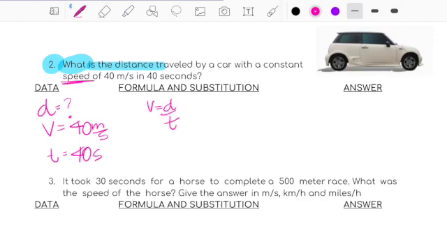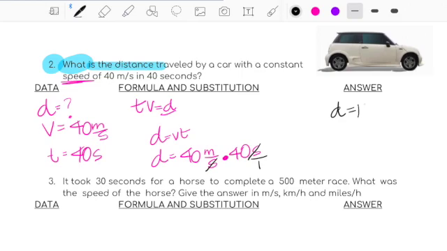So if I want to find distance, I will bring time to the other side multiplying. So I have distance equals velocity times time. Distance equals 40 meters per second times 40 seconds. And the unit is like a whole number, so it's over 1. So I will cancel seconds with seconds and I multiply it.